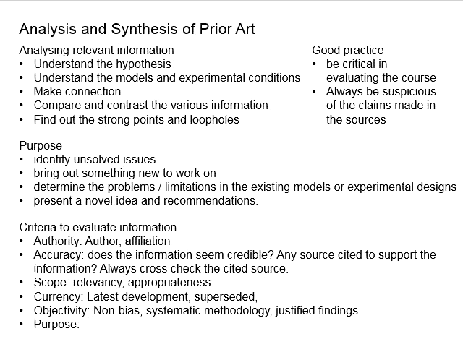Next, you might want to look into objectivity, whether the source of publication is biased, or has a systematic methodology and justified findings. You would like the relevant research to be done in an objective, systematic and rigorous manner.